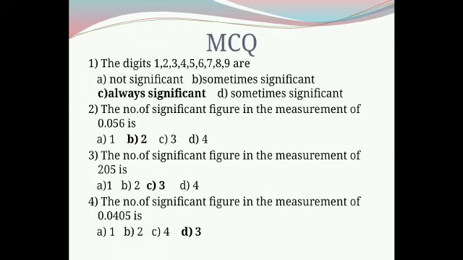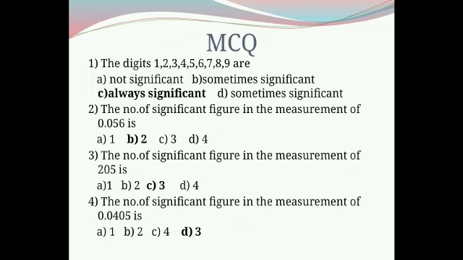As we know the first rule, the digits 1, 2, 3, 4, 5, 6, 7, 8, 9, that is non-zero digits, are called significant figures, and therefore the correct option is C, always significant. Second question is the number of significant figures in the measurement of 0.056.